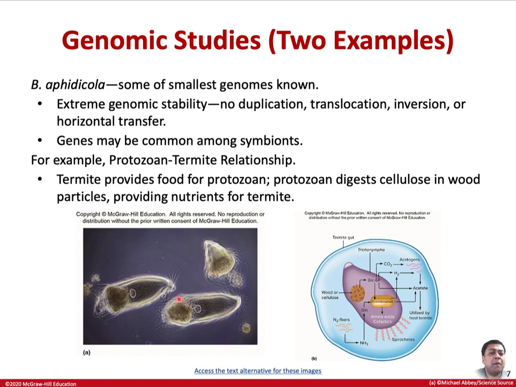This is a multiflagellated protozoan, and this protozoa here in purple lives in the termite gut. And along with that, there are several different types of bacteria which are also outside the Trichonympha in the termite gut. And there is also a type of microbe inside, which is known as Elusimicrobium, that lives inside that protozoa.